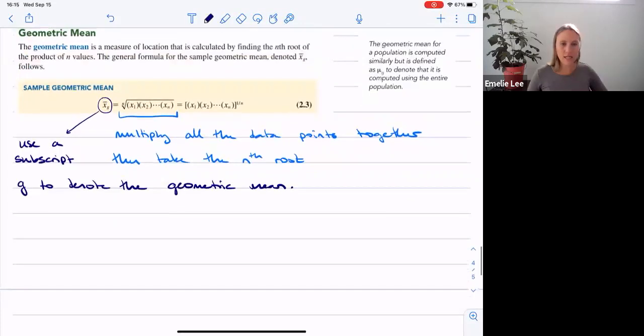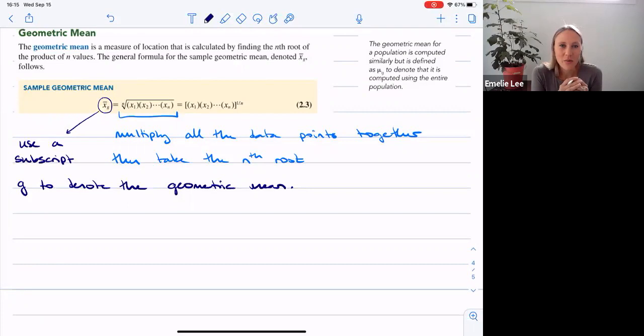Right, so like I said, the default mean that we're going to calculate is the arithmetic mean, just the average, like we're used to calculating it, okay? If you find that you have to find the geometric mean, then you should denote it by a lowercase g as a subscript.